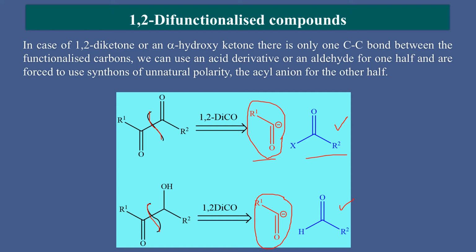Remember that the first carbon, that is the carbonyl carbon, is an a1 acceptor synthon. So if we want to make it a donor synthon, we use the process of Umpolung, that is, to convert it into unnatural polarity.